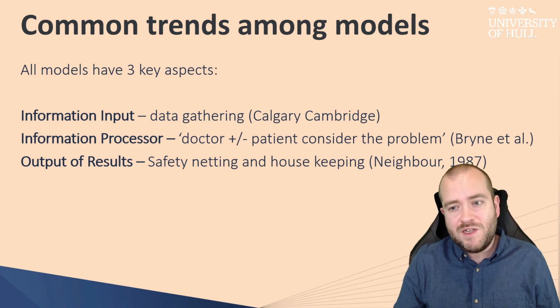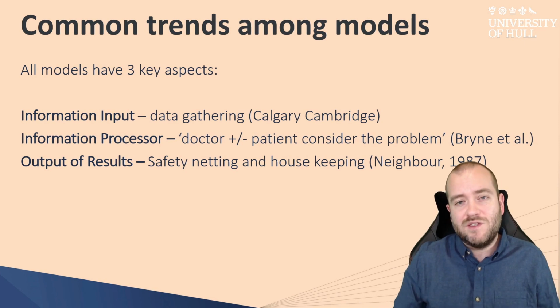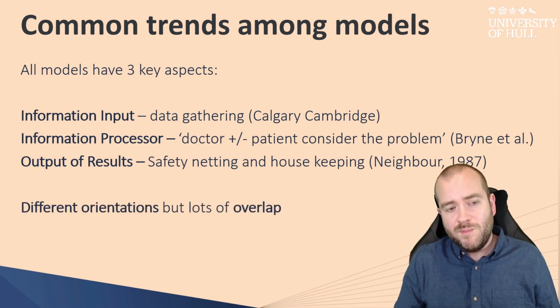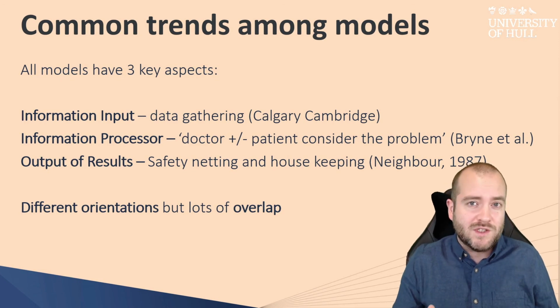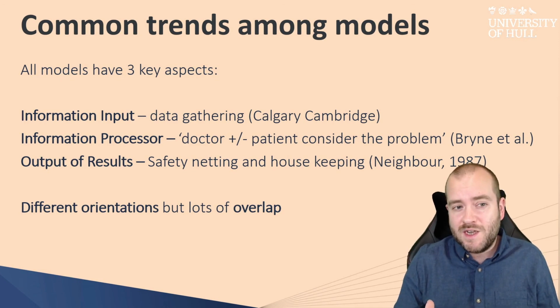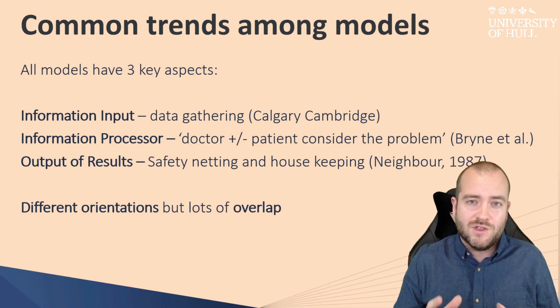And what you'll see in each of these models is that they have all of these aspects ingrained into them. But they have different orientations, and by that we mean that they can be orientated towards the patient, towards the practitioner, or towards completing a task. And what you'll notice about these models in particular as you move through the presentation is there is lots and lots of overlap.